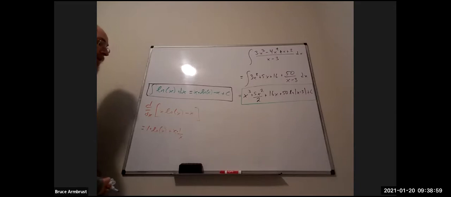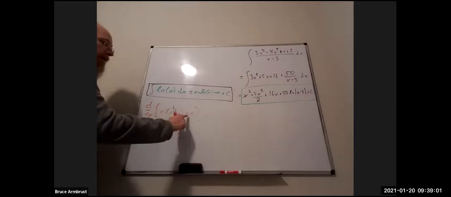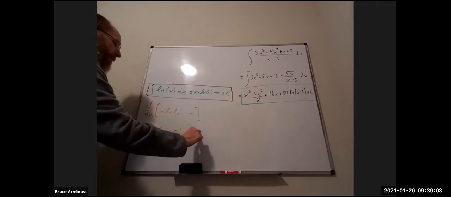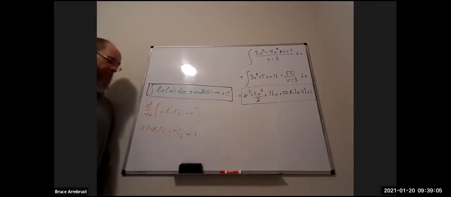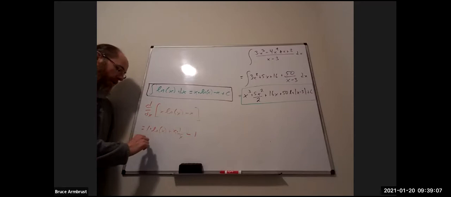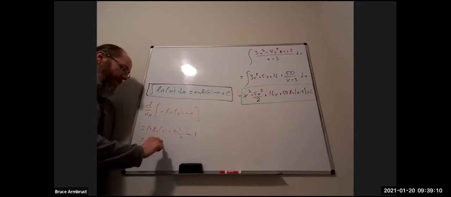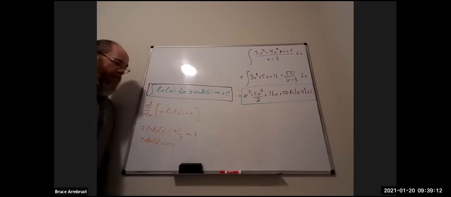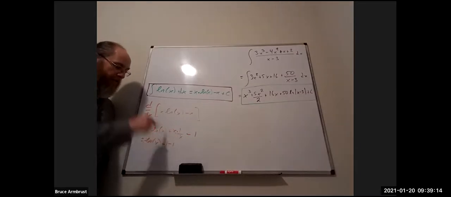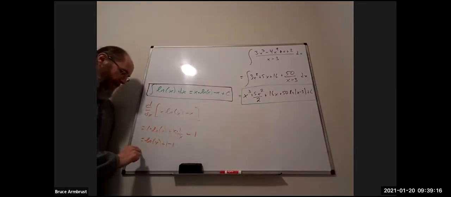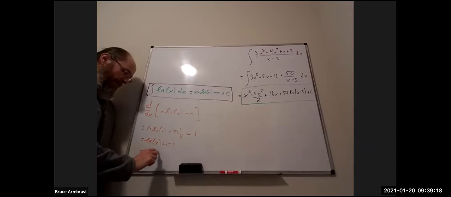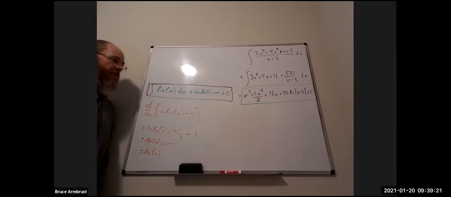That was the product rule for x log x. And then minus x, its derivative is just minus 1. So this is natural log of x plus 1 minus 1, because x times 1 over x is 1. And of course, 1 minus 1 is 0. This equals natural log of x.